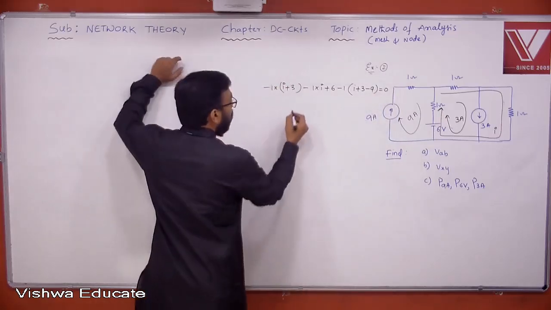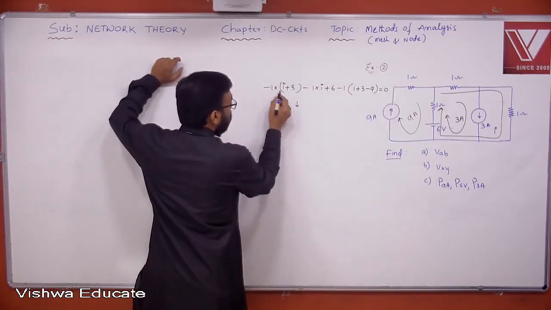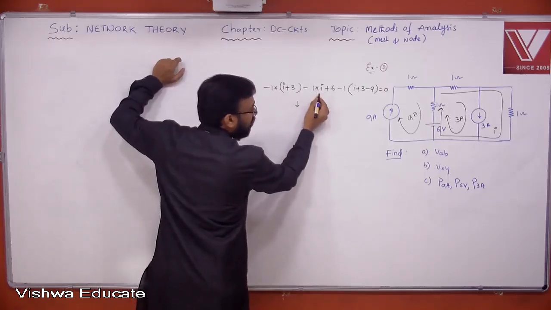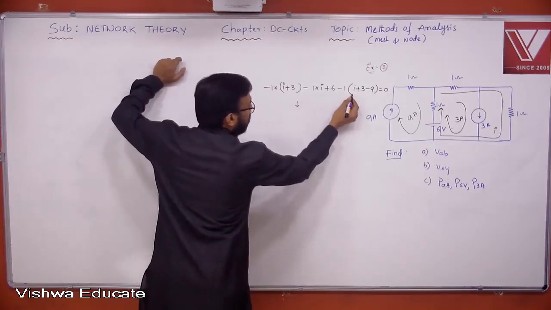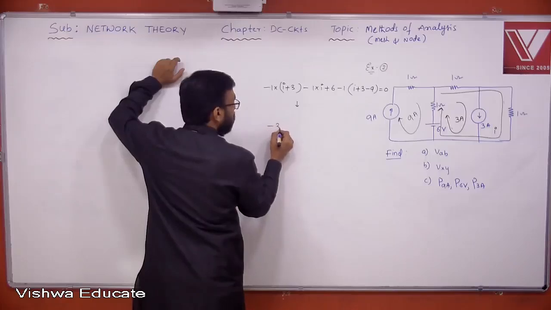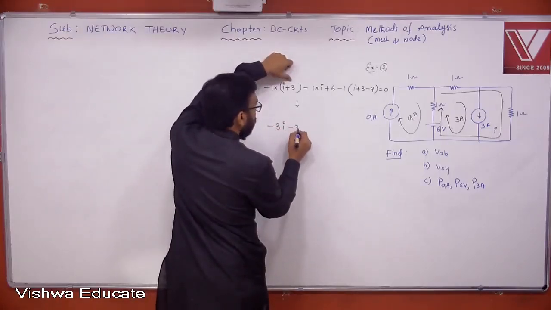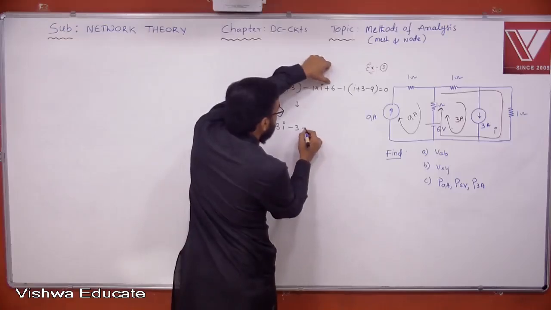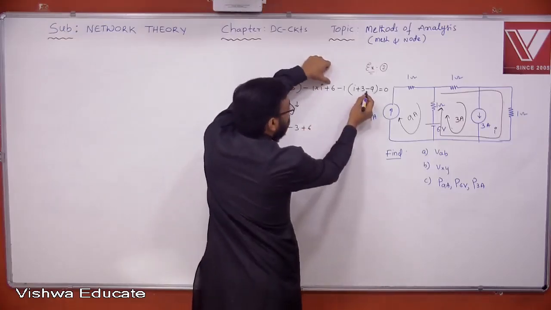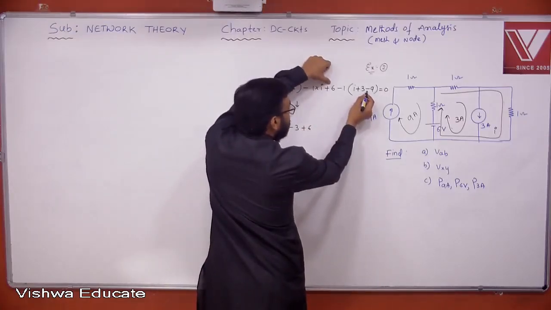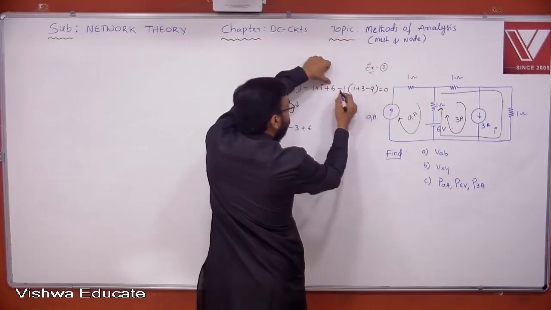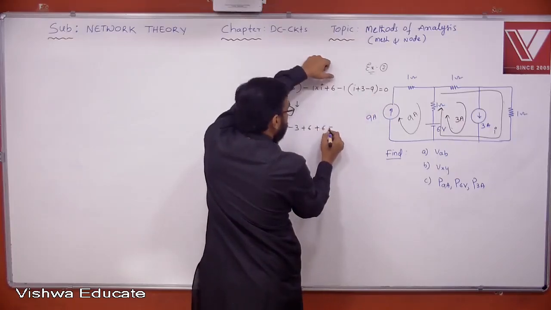Now let us simplify it. So what do you get here? -1 into (I plus 3) minus I. Yes or no? And minus I. So what do you get? Minus 3I. Now here minus into plus, that's -3. Plus 6. Now what is this actually? -6. But minus of minus 6 gives plus 6 actually here. Therefore 0.